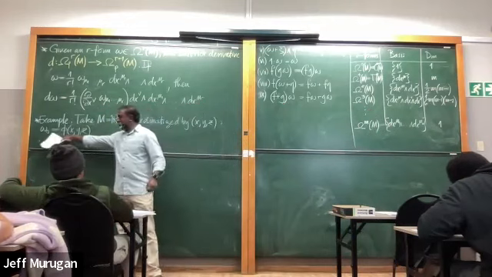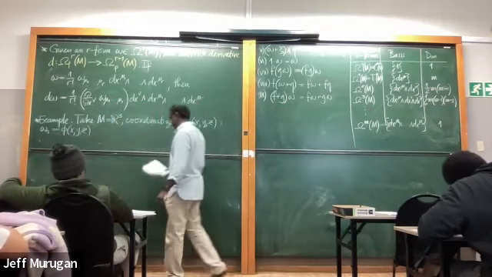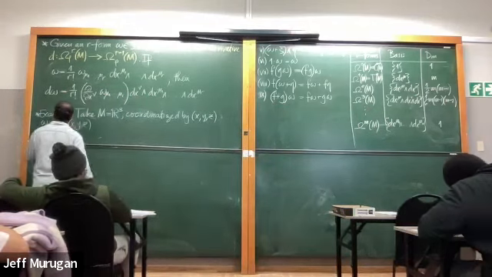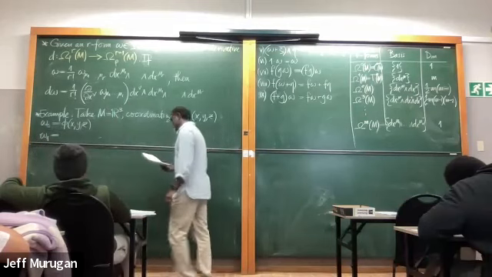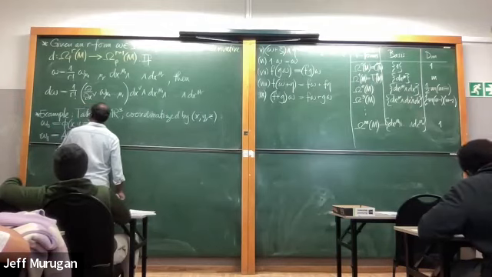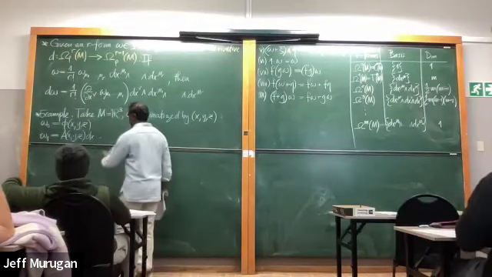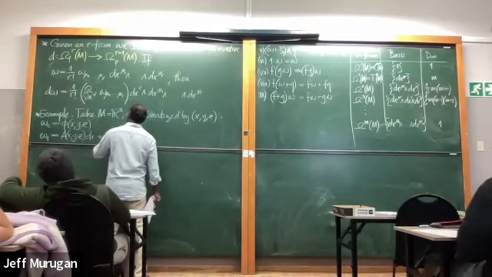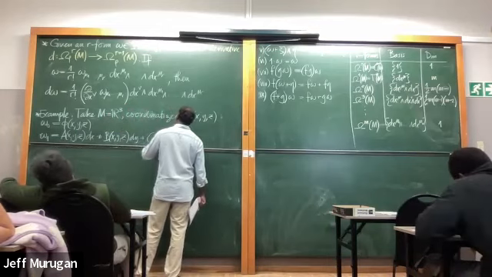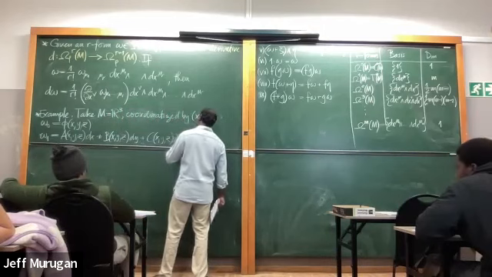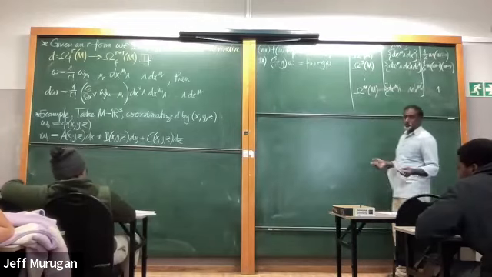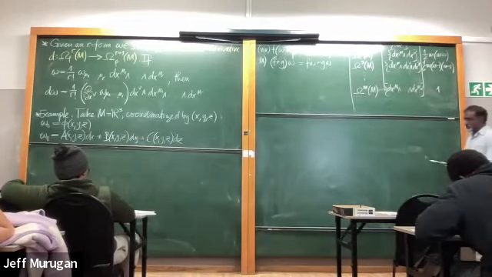Then the canonical forms on R3: 0-forms are just functions phi of x, y, z. One-forms take the form a of x, y, z dx plus b of x, y, z dy plus c of x, y, z dz, where a, b, and c are just functions.